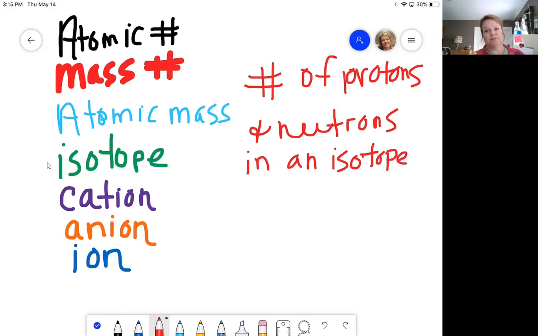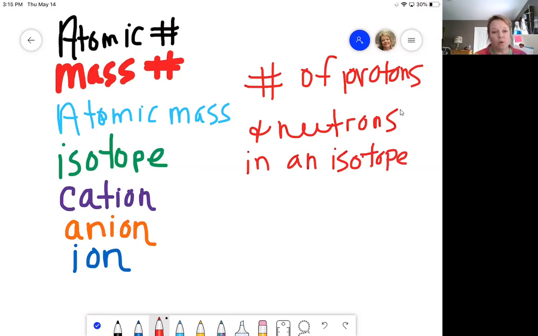The number of protons and neutrons together. You don't find that on the periodic table. What you see on the periodic table is atomic mass, that other number. All right, these are not the same thing. They're related, but they're not the same thing.